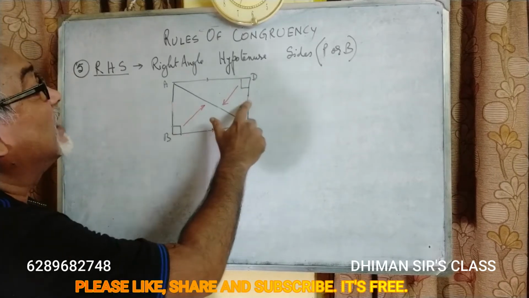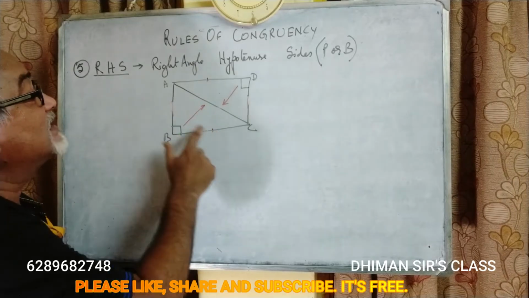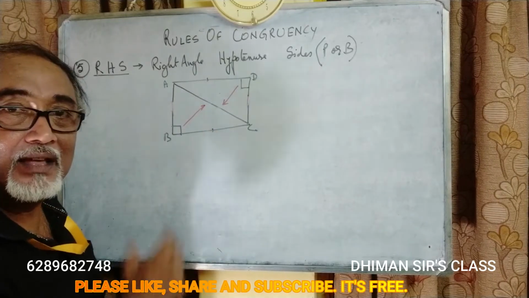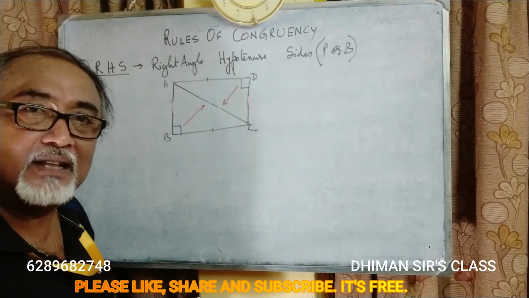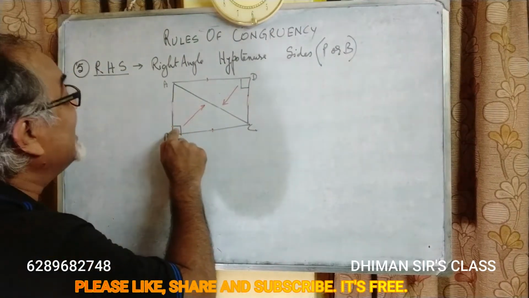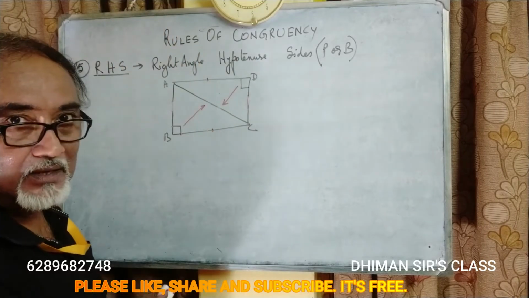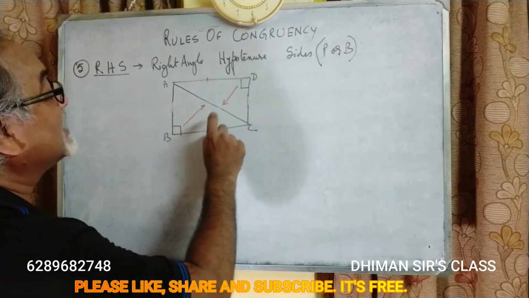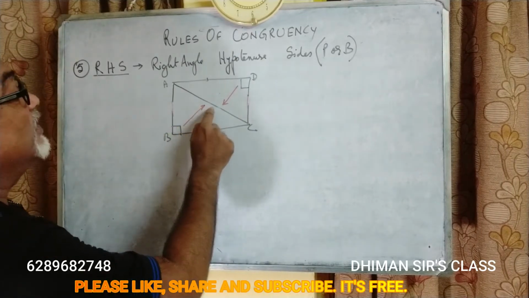See, this side is equal to this side, this side is equal to this side, this side is equal to this side. So side rule. But we are sticking to RHS because we are learning about RHS now. So therefore, right angle, hypotenuse and side. Okay? Right angle, hypotenuse and side. Any one of the triangles you catch and say right angle, hypotenuse and side.